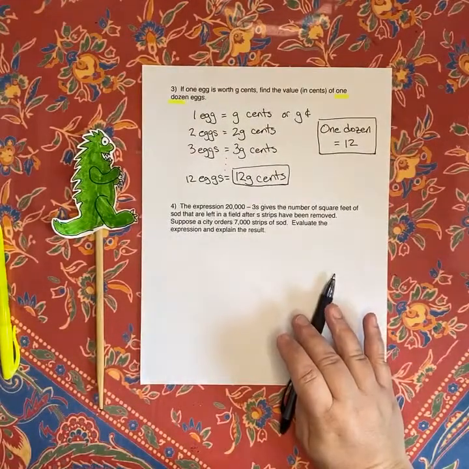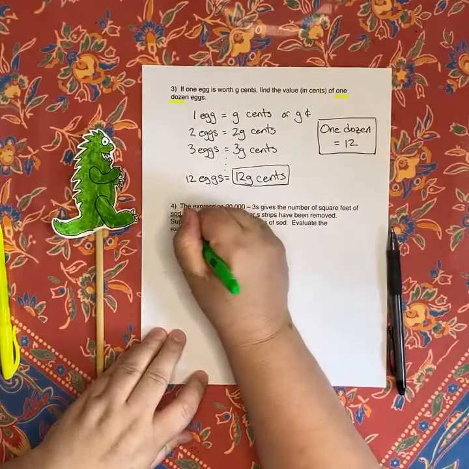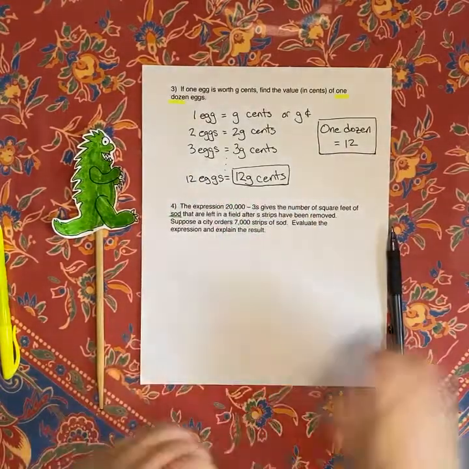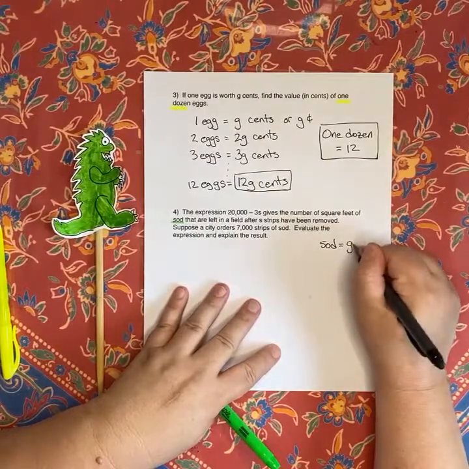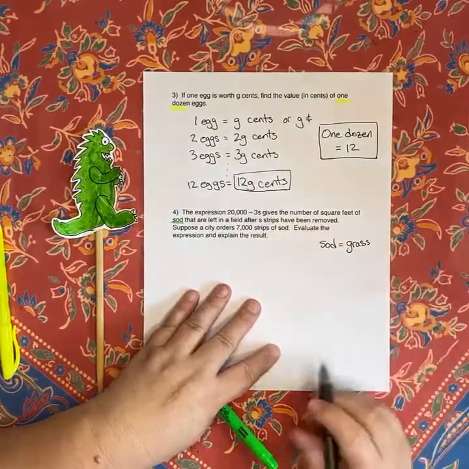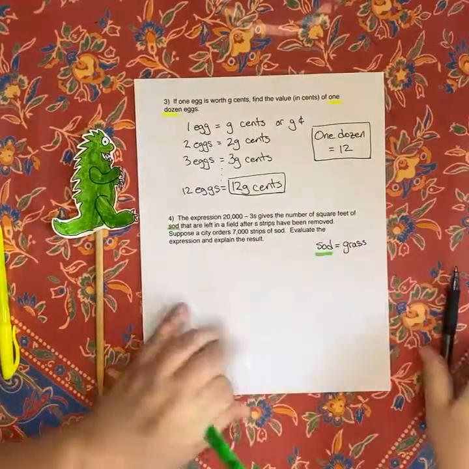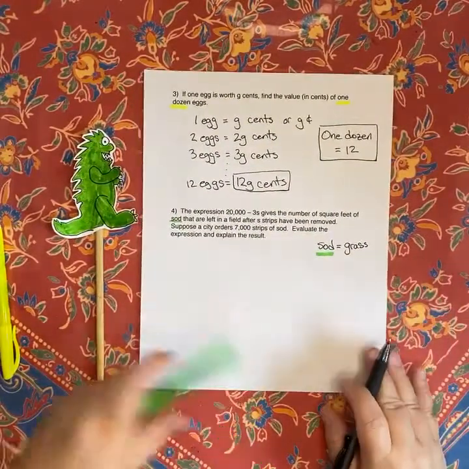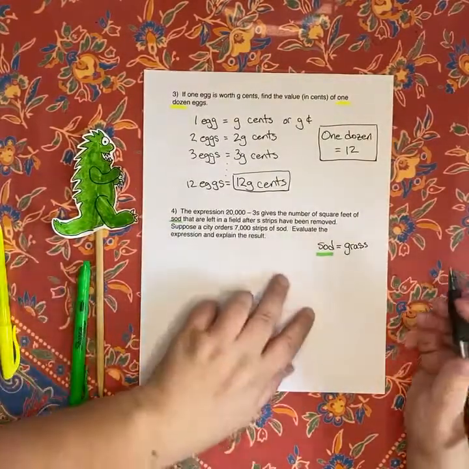So clearly I'm going to need a green pen. Sod. So what the heck is sod? Sod equals grass. And it's not just any grass. Sod is a description for what happens when someone actually grows grass, like on a farm.